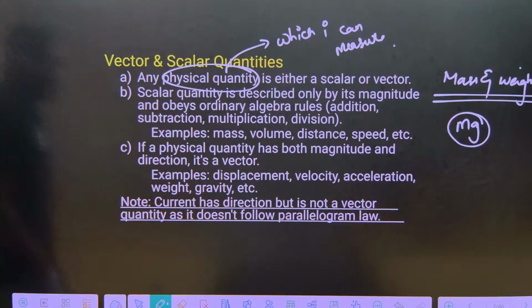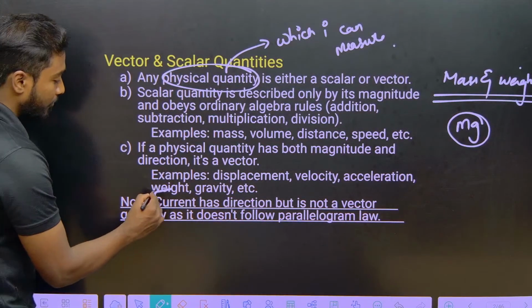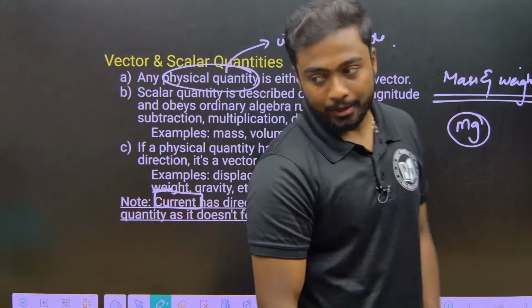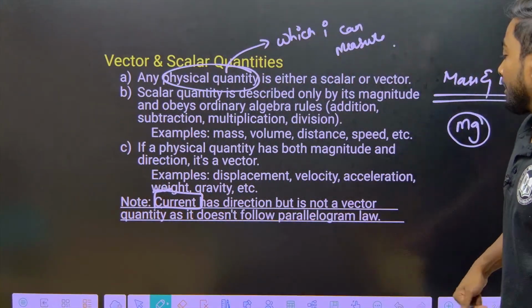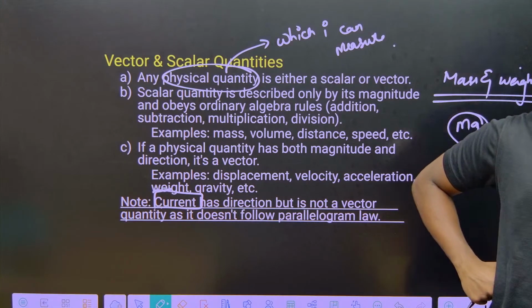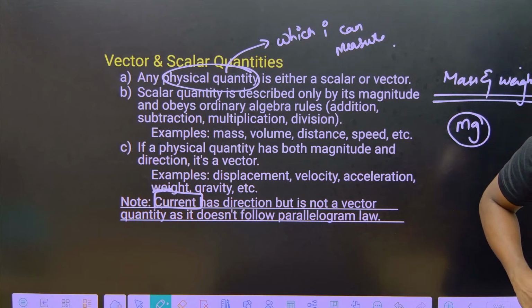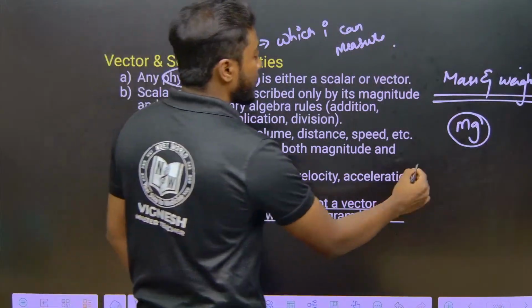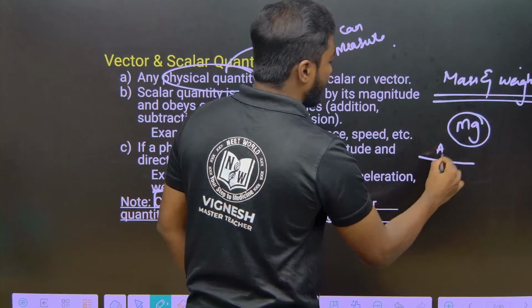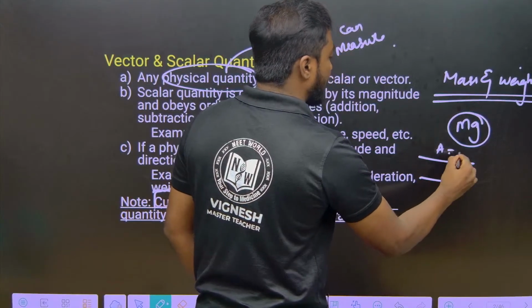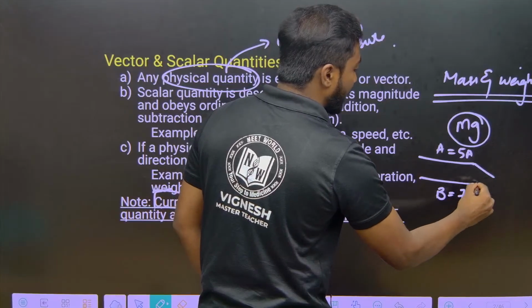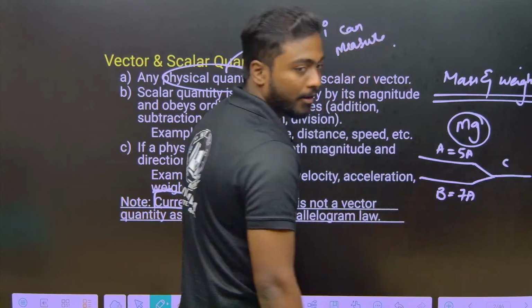And then what about the current? They are saying that current is a vector. But it's not a vector, it's a scalar quantity, though it has direction. For example, if this is wire A and this is wire B, which has 5 ampere current and this has 7 ampere current, if I connect both wires, I get wire C. What will be the current?